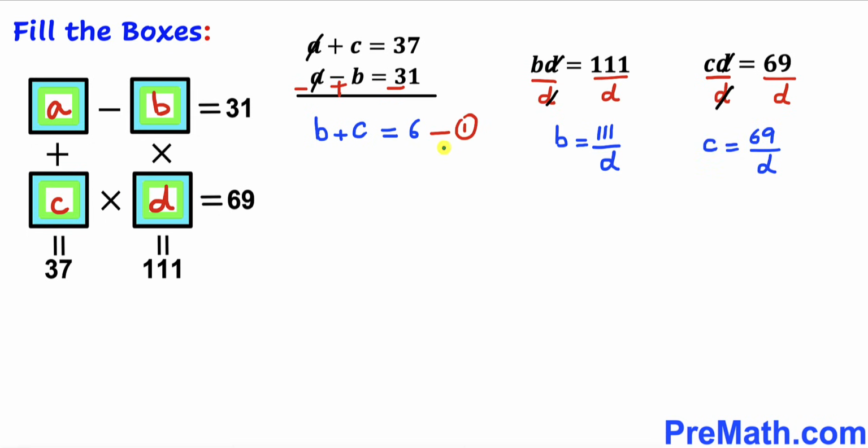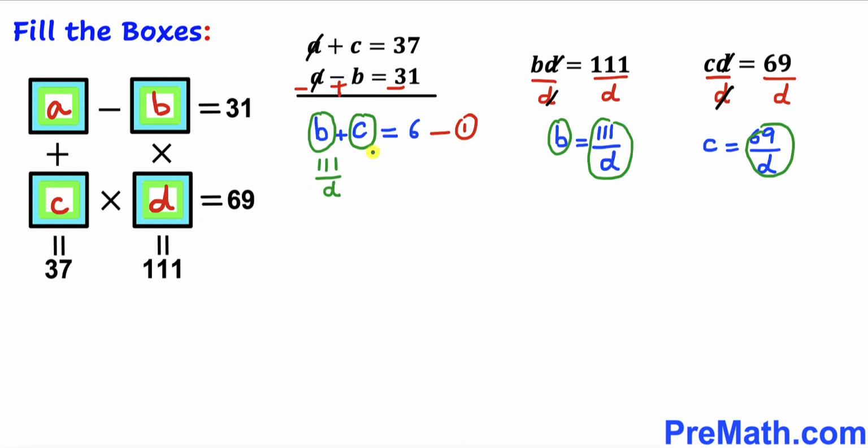And here's our next step. We are going to substitute this b equals 111 divided by d value over here in equation 1. So this b, we are going to replace with 111 divided by d. And likewise I'm going to replace that c with this value 69 divided by d.